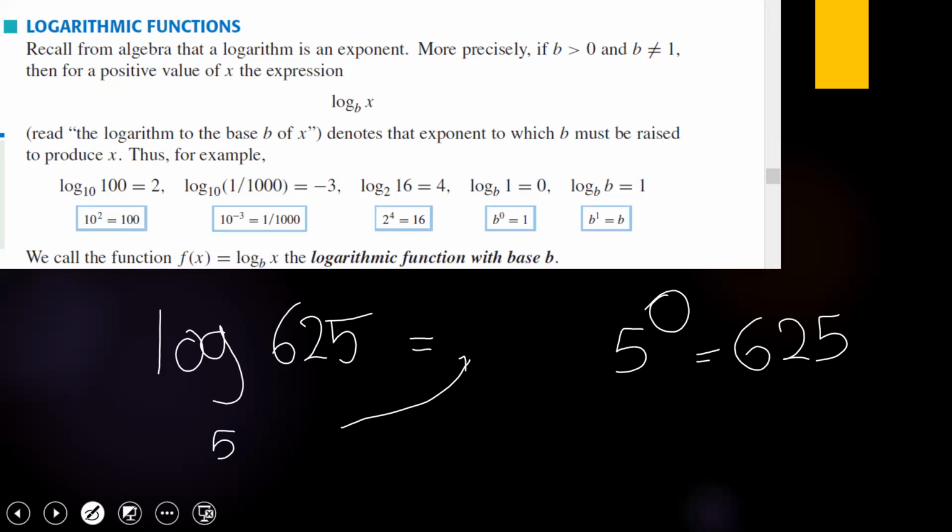Yalla. 4. Bravo. 5 to the power 4 is 625. So logarithm to the base 5 of 625 is 4. Is it clear? Yes, teacher.